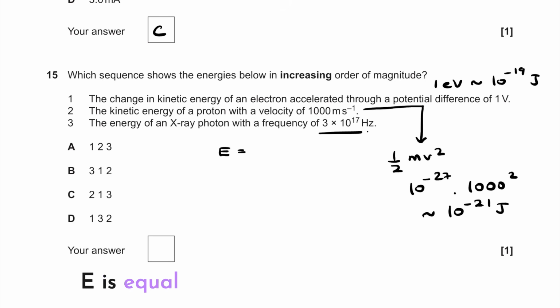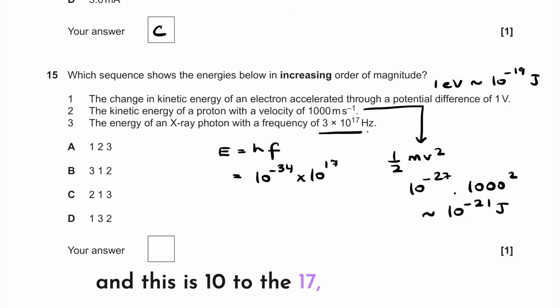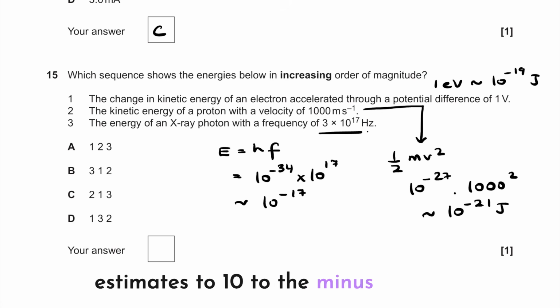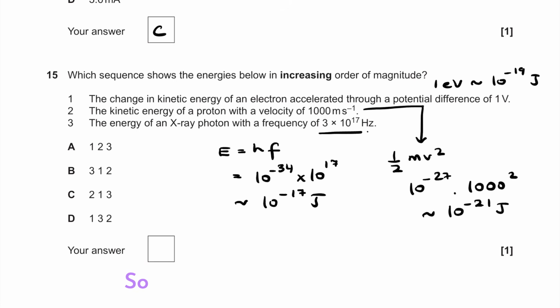E is equal to h times f. Planck's constant is of the order of 10 to the minus 34, and this is 10 to the 17, which roughly estimates to 10 to the minus 17 joules. So your correct sequence in the increasing order will be 2, followed by 1, and then 3. So C is the answer.